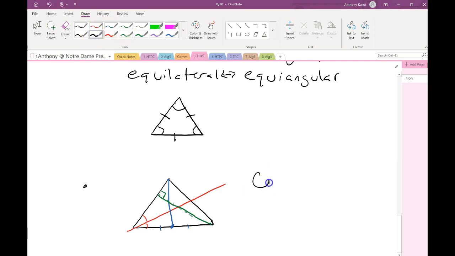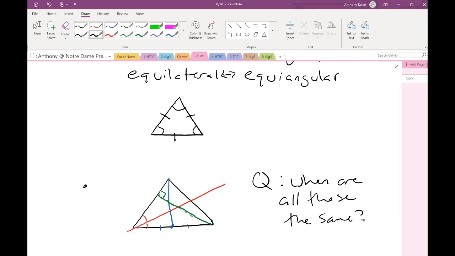So the question is, when are all those segments going to still be the same segment? What kind of situation, what kind of triangle do we need to have for all these? Yeah, equilateral. In an equilateral triangle, all of those special segments are the same.